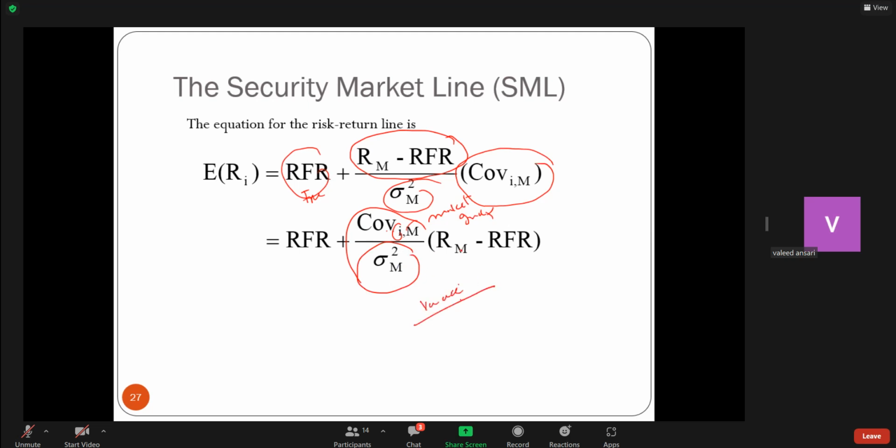That is the risk of the market, and actually this is the slope of the regression. That is, the return on any security is composed of the risk-free rate plus the sensitivity of the stock's return with the market multiplied by the risk premium, that is, the return on market minus the risk-free rate.